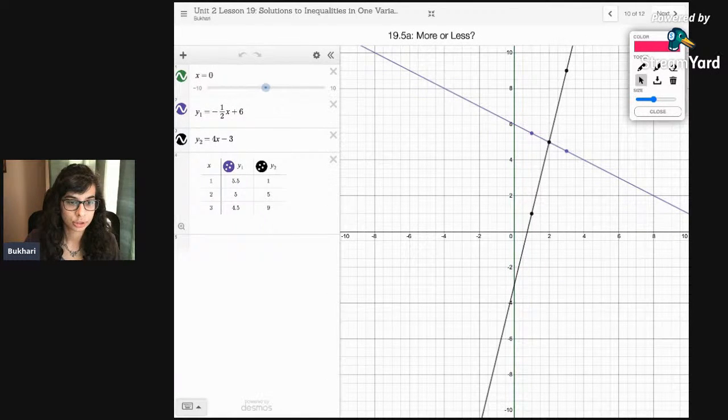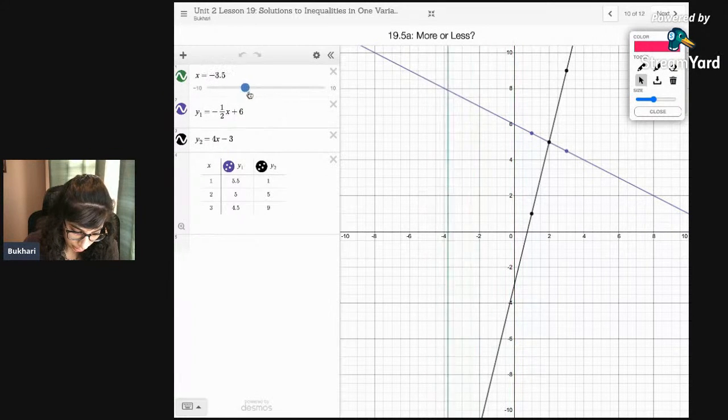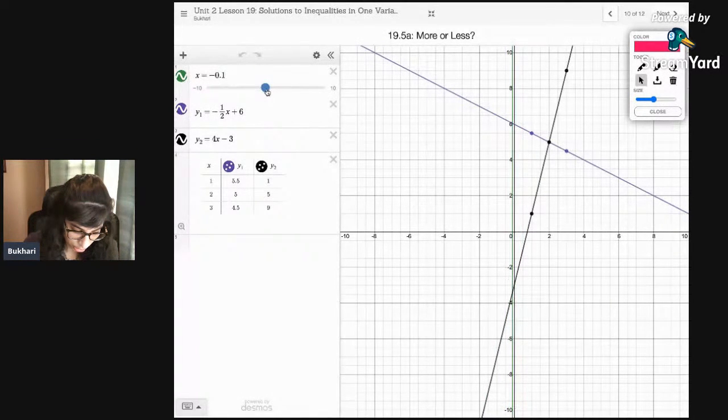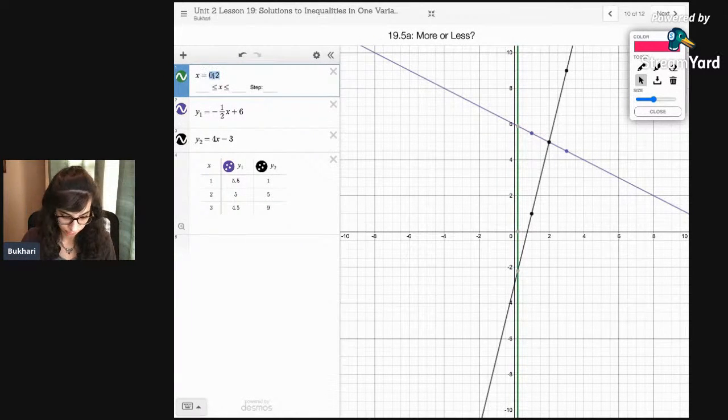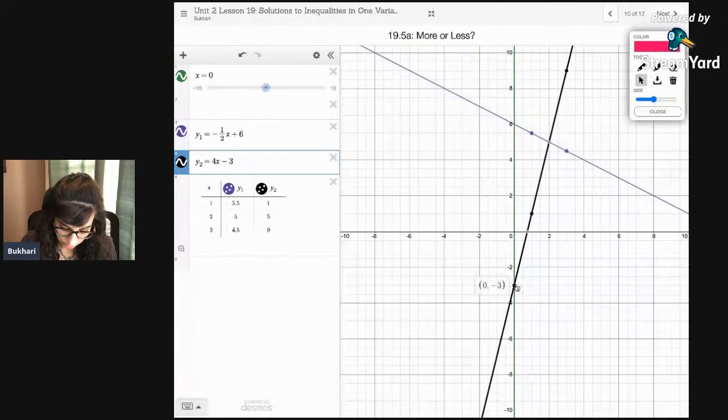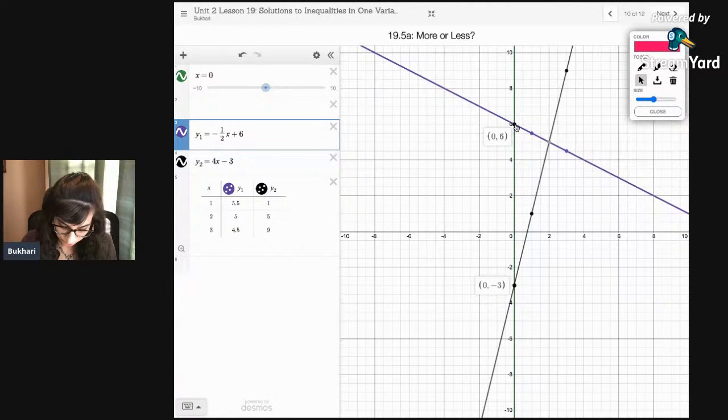right? This part is an exploration of what it means for the x values and the y values. If this is my x, I'm sliding my x values. When x equals 0, what are the values of this equation and this equation?